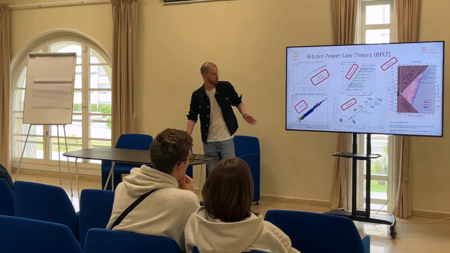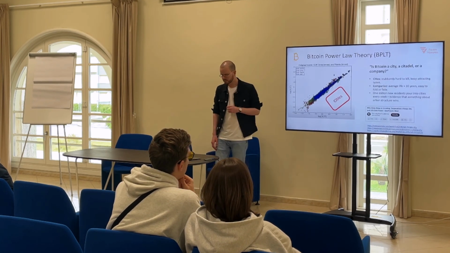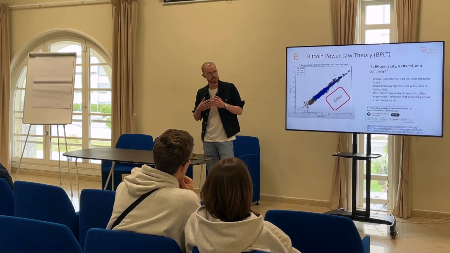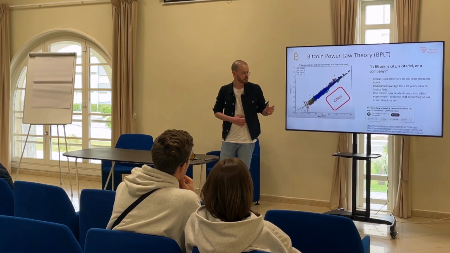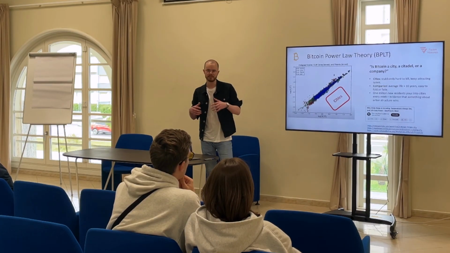Another example would be the nature of cities, and Bitcoin behaves in many senses like a city. There's a physicist, Geoffrey West, who studied cities quite extensively, and he's a leading expert in building scientific models of cities.